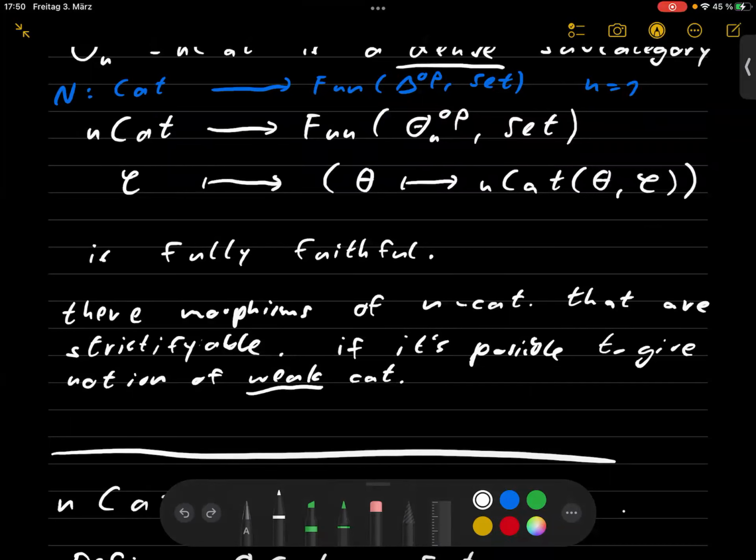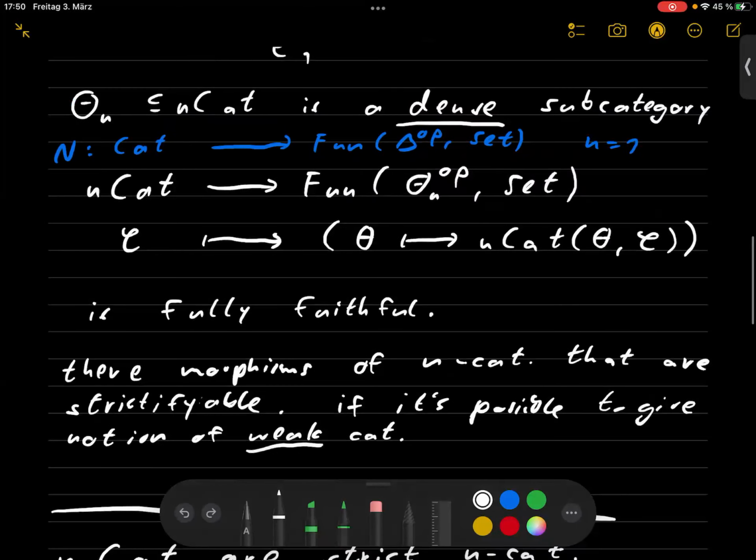But this is only true maybe for case 1, but in higher cases, this is not necessarily true anymore. So it doesn't immediately work like that.